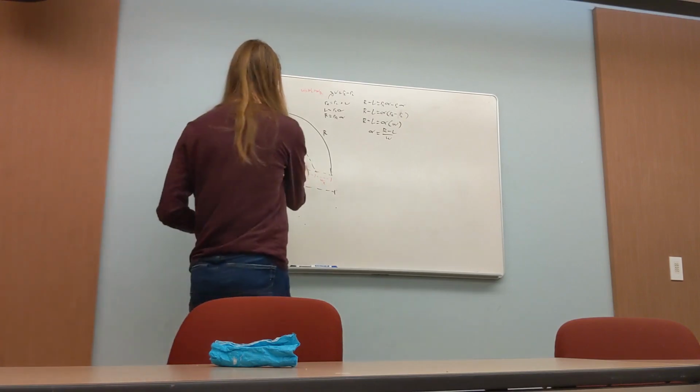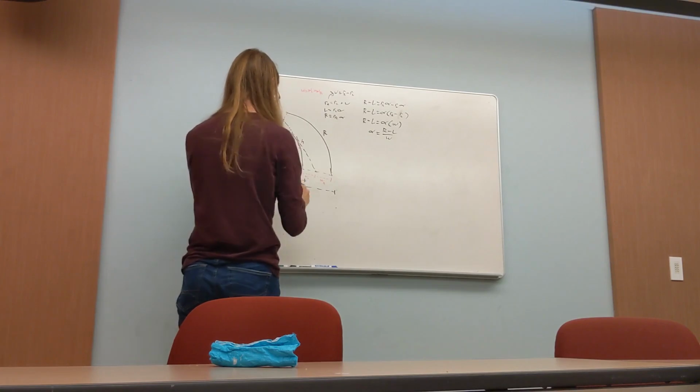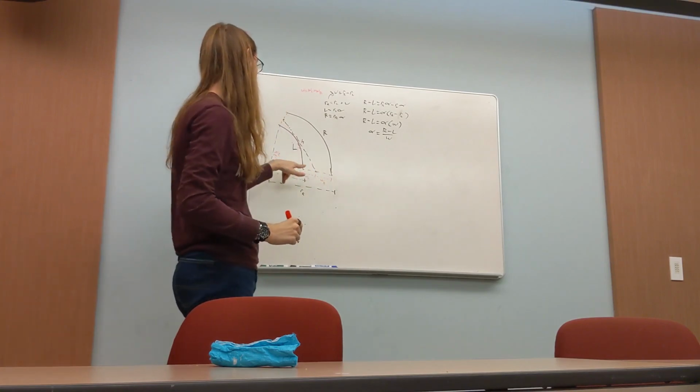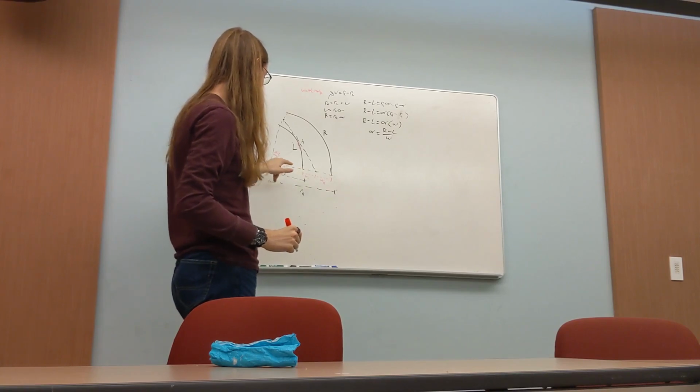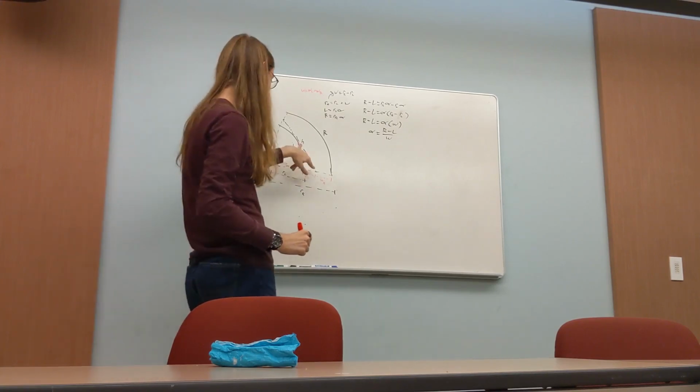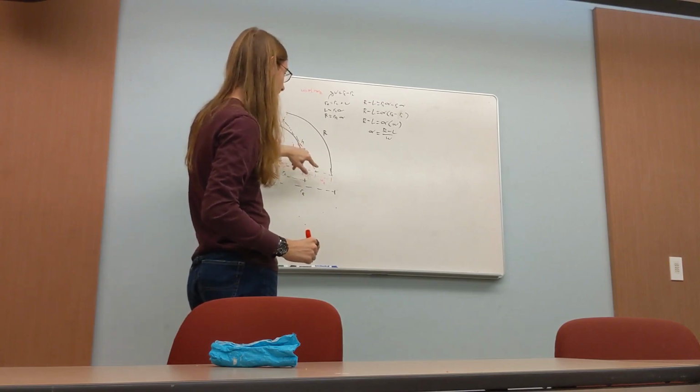So we know this distance from here to here. That's just RL plus WL. So that's our hypotenuse of our triangle. We know an angle in the triangle, because we know alpha, so we know alpha over 2. So it's fairly trivial to find this side length.